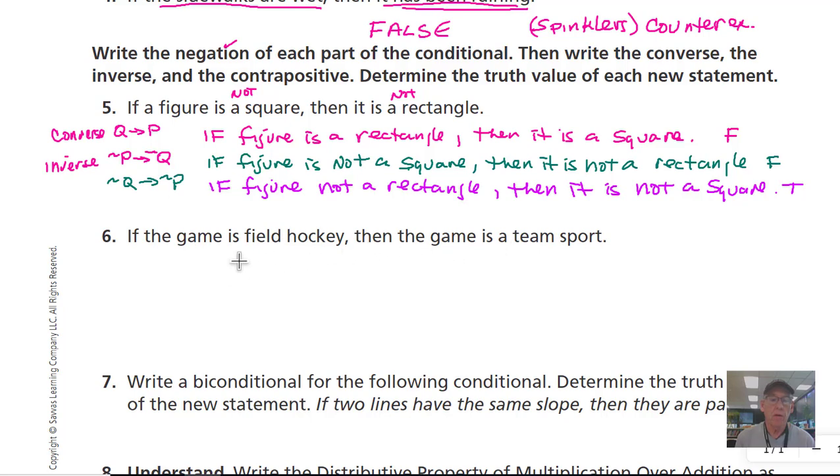Got to do the same thing for this one. If the game is not field hockey, then the game is not a team sport. We want to form the converse, which is Q then P. So if the game is a team sport, then it is field hockey.